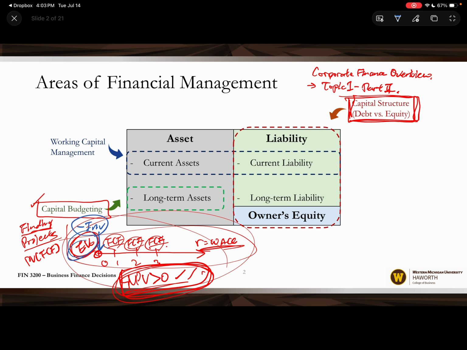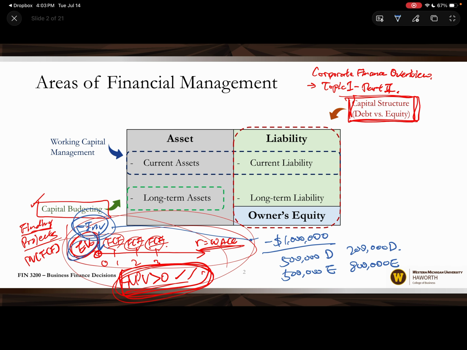So it's your job to figure out how you're going to finance this investment. Let's say it required $1 million up front. Are you going to use $500,000 in debt and $500,000 in equity, or are you going to use $800,000 in equity or $200,000 in debt?